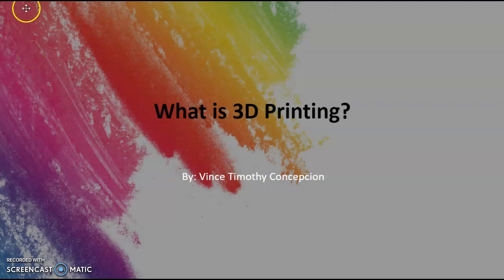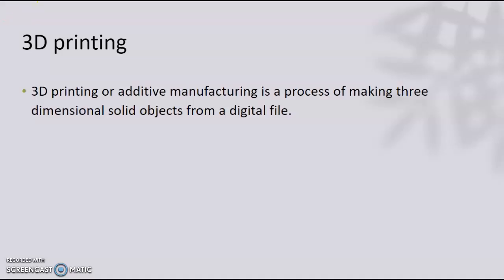What is 3D printing? 3D printing is making use of an additive manufacturing process to make 3D solids, by making use of digital files for the input and also making use of raw materials like resins in order to make a full product.